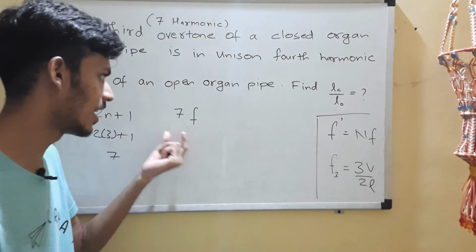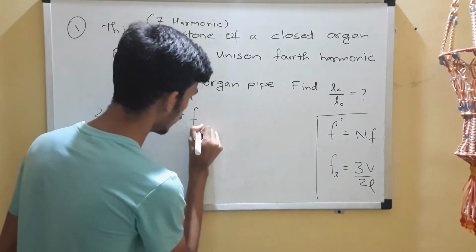N times f: 7 times the fundamental frequency of a closed organ pipe.